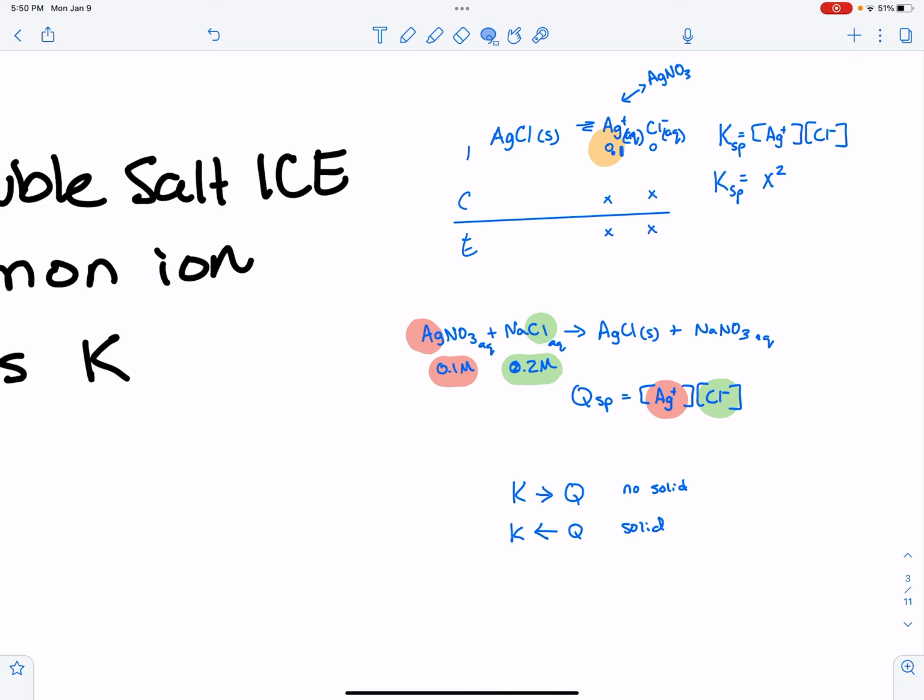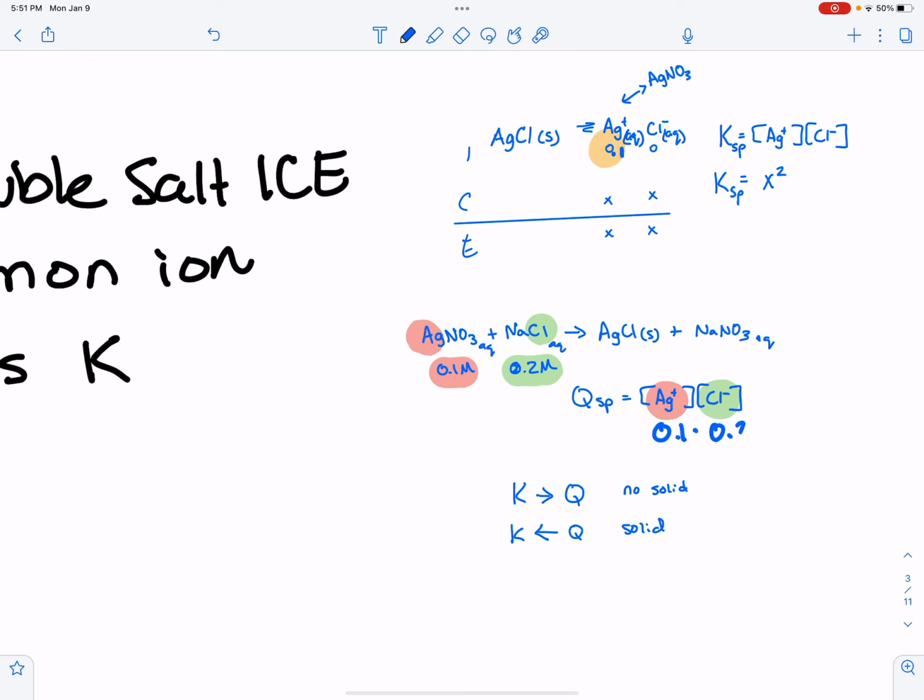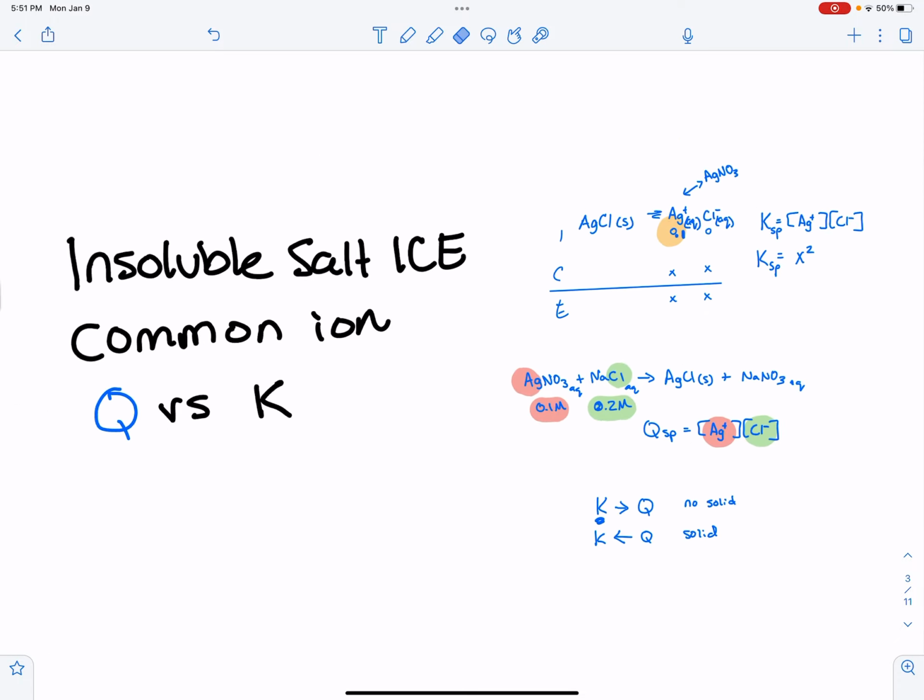So you'll see I color coded this. The Ag part has a value of 0.1. And then the Cl, which comes from the NaCl, has a value of 0.2. So you just multiply those and then you get a Q value. You look up the K, or it's in the problem, and you compare. So you'll see how to work them coming up, but that's that method right there.